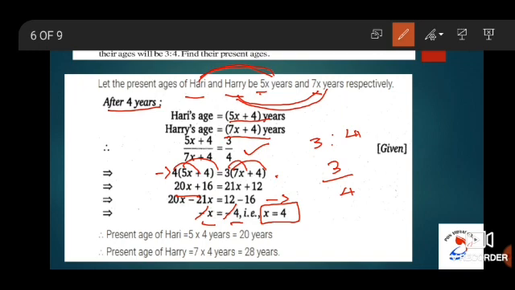So we have to multiply with 5 and 7. So present age of Hari will be 5 into 4, that is 20 years, and present age of Harry will be 7x, that is 7 into 4, that is 28 years. So now the present age of Hari is 20 years and present age of Harry is 28 years. This completes this problem.